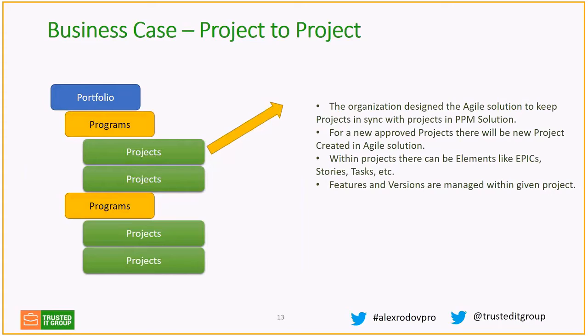You say, I'm going to create each project in Jira or Version One or Trello or whatever I'm using for agile. I'm going to create a one-to-one relationship between projects in my waterfall PPM system and the project in my agile system.